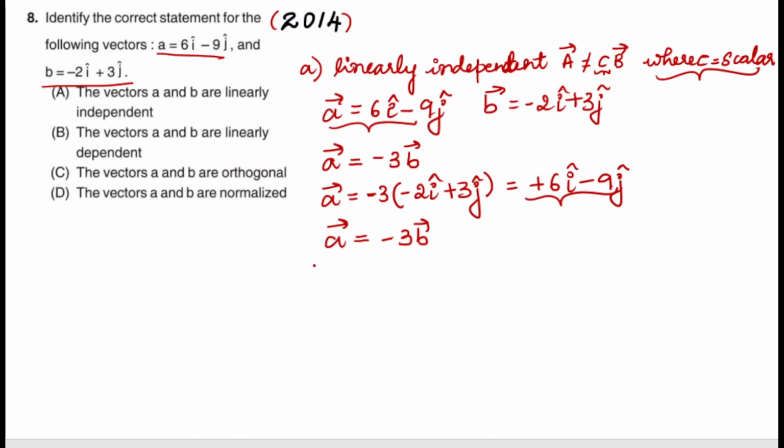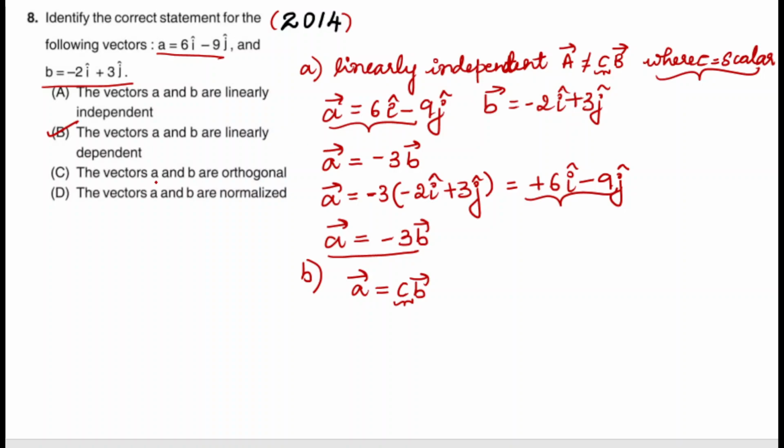We call it as the vectors A vector and B vector are linearly dependent. So, option B. This is the definition for linearly dependent vectors. What are these linearly dependent vectors? Means any vector, for example, a vector can be written as a scalar multiple, that is, C I'm considering to be a scalar multiple of B vector. Yes, I can write like this. Now, option B is the right option.